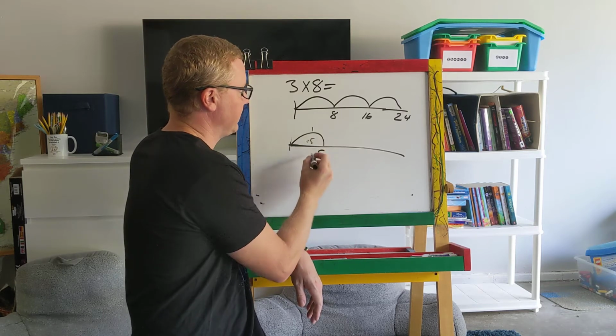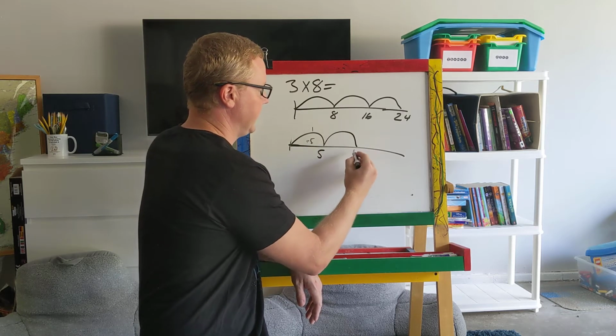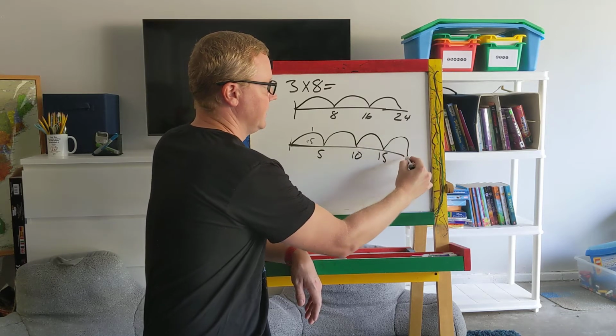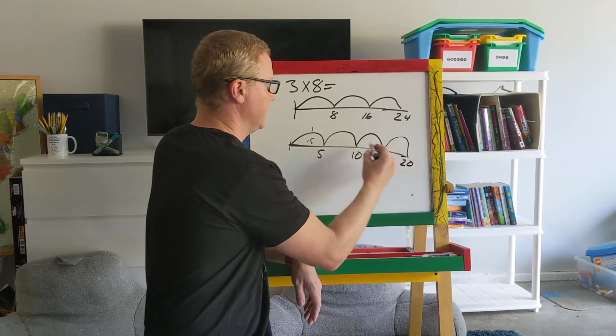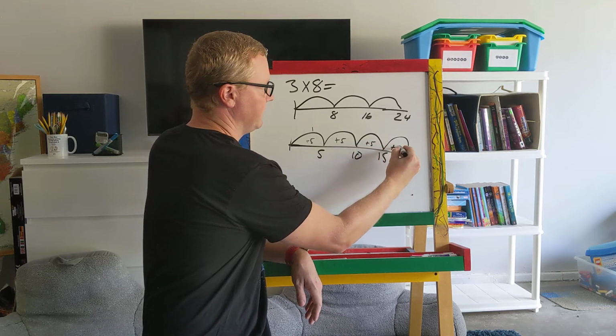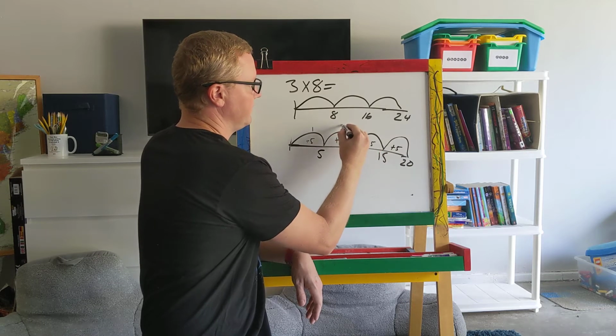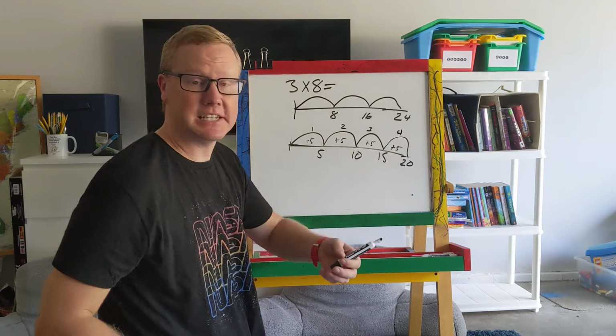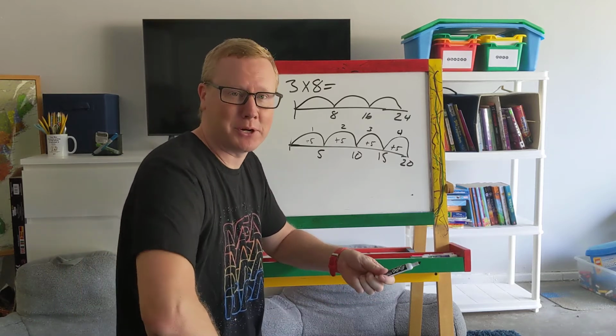You did a plus 5, and that was once. 10, 15, 20. And again, if you want, you can add in plus 5 every time. And you can add 1 jump, 2 jumps, 3 jumps, 4 jumps. That's skip counting. It will always work.